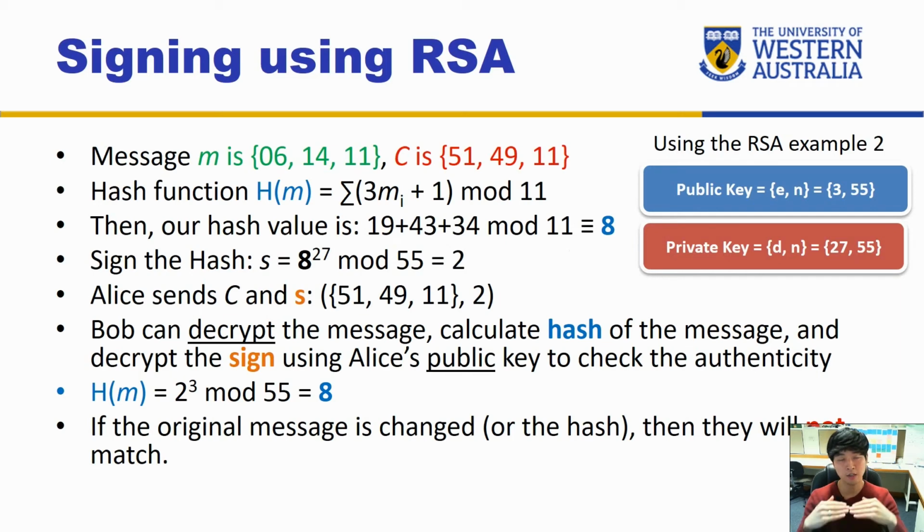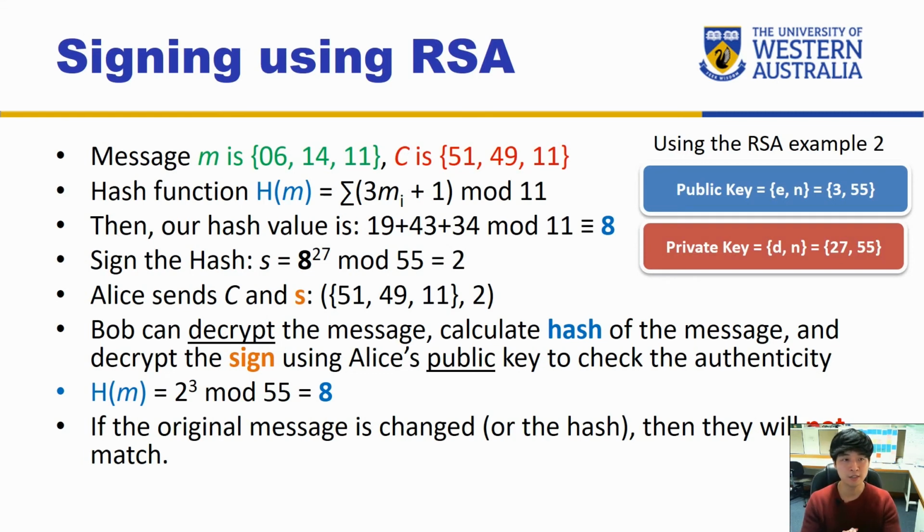So the encryption stuff is separate to us. If you want to know the different ways of doing this, you should look at either the RSA video or some of the symmetric cipher videos. So now the encrypted message C can be sent to Bob, and Bob should be able to decrypt it to receive the original message. Okay, so that's the message part.